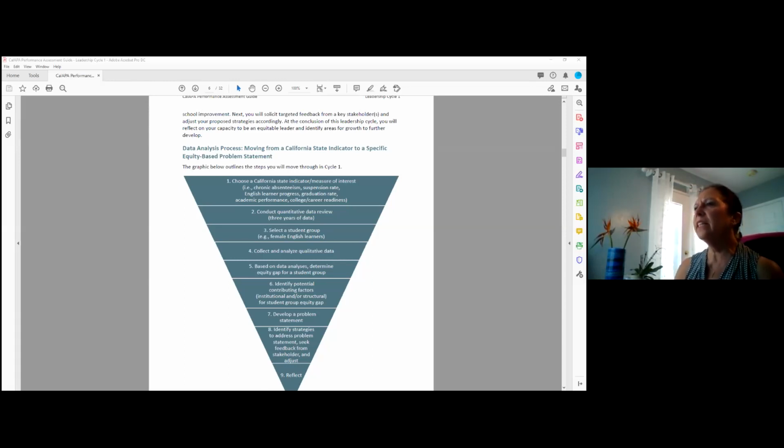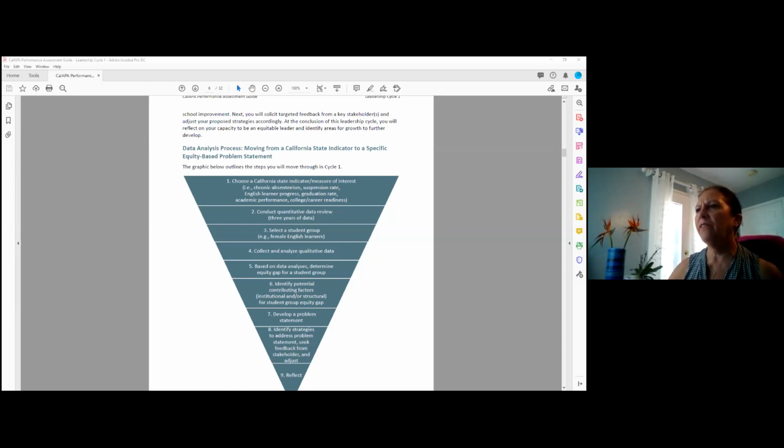They would select a student group from these data sets, 3 years of data, and then they would collect and analyze qualitative data to back up the findings the quantitative data is showing them. And then they will move on, based on that analysis of both quantitative and qualitative data, to determine an equity gap that they're seeing in that data set or data sets.